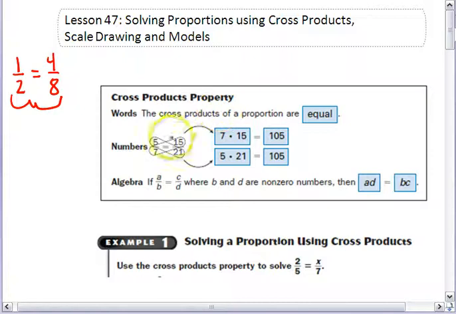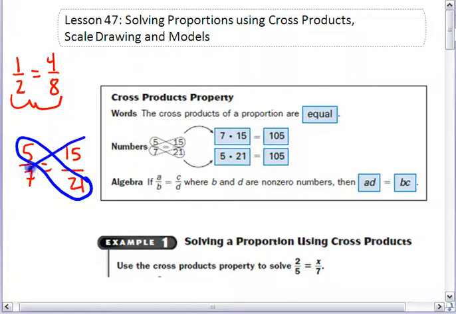Cross products property. The cross products of a proportion are equal. So for instance, if I have the proportion 5/7 and it's equal to 15/21, I can create what I call a butterfly. So I can circle these two and these two.